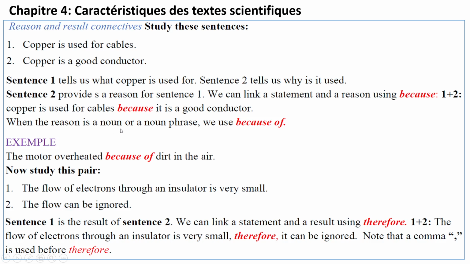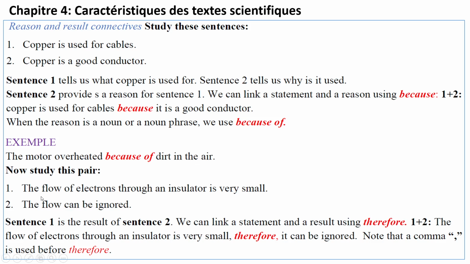When the reason is a noun or a noun phrase, we use because of. Copper is used for cables because of its good conductivity. Example: the motor overheated because of dirt in the air.